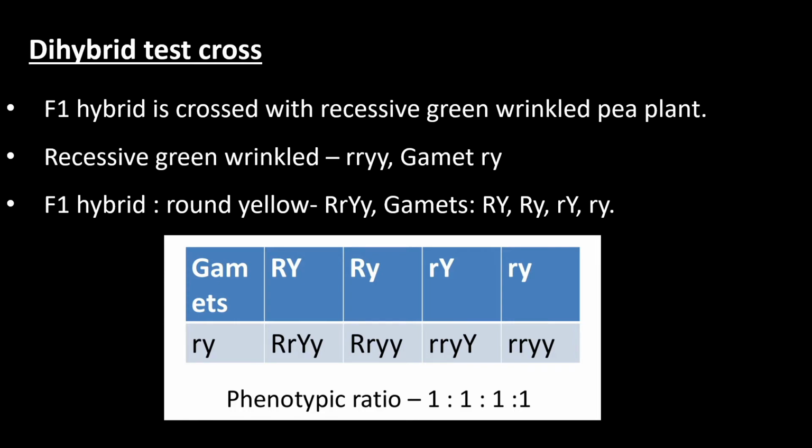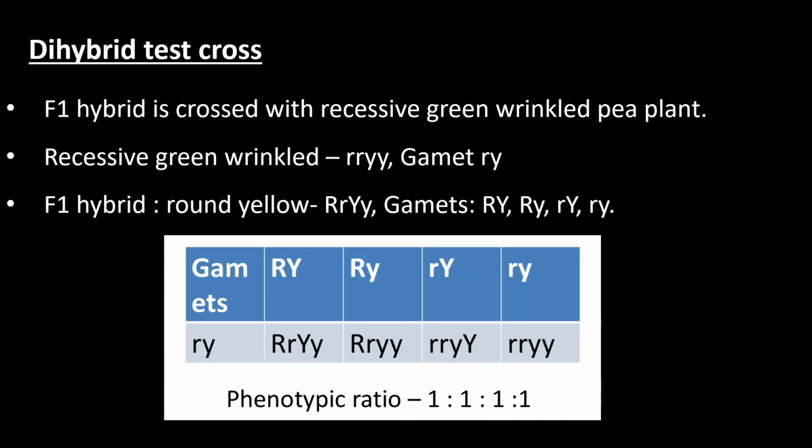And F1 hybrids are round yellow but heterozygous, that is capital R, small r, capital Y, small y. Therefore, the gametes are capital R capital Y, capital R small y, small r capital Y, small r small y.